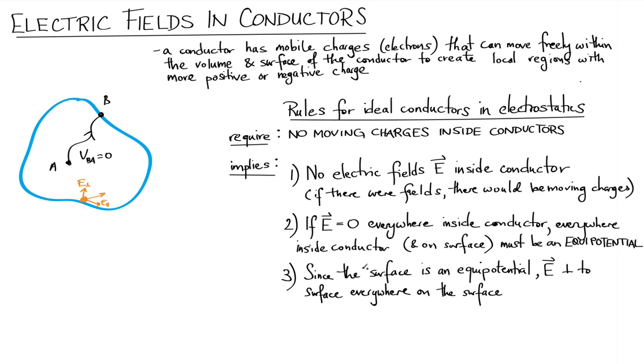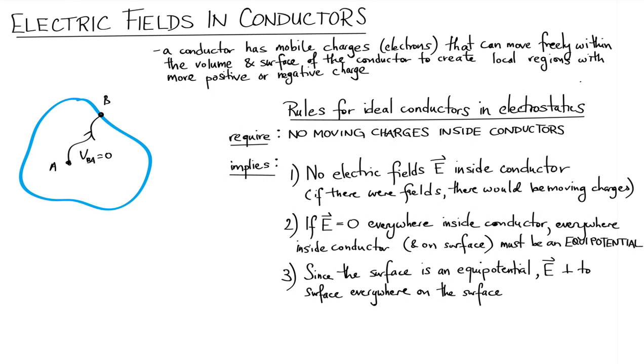So if the electric field was not perpendicular everywhere on the surface, we would have moving charges along the surface, which violates our original requirement. So the electric field has to be perpendicular everywhere on the surface for the system to be in electrostatic equilibrium. Okay, I'm just going to erase this.